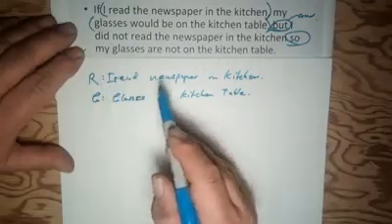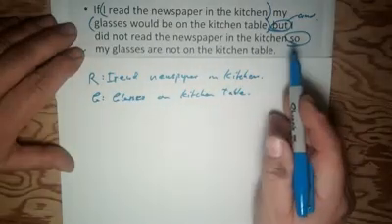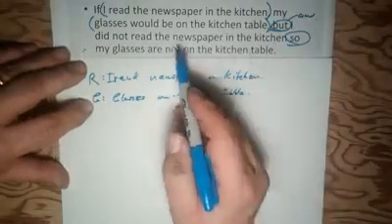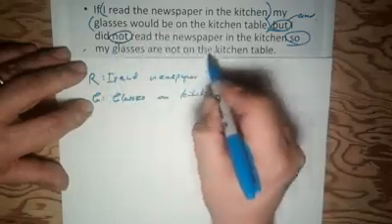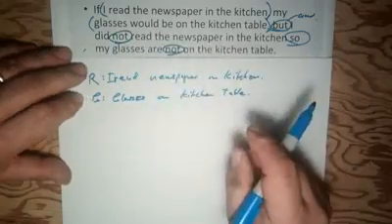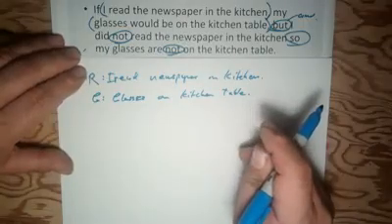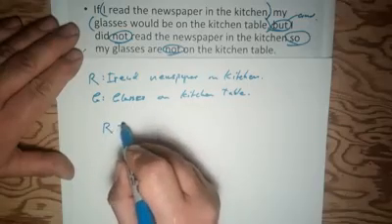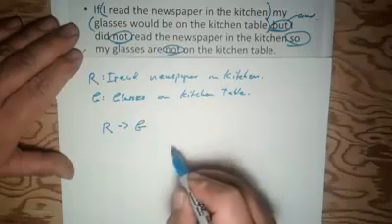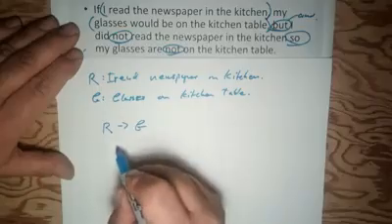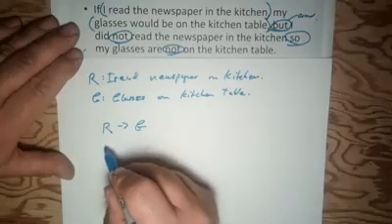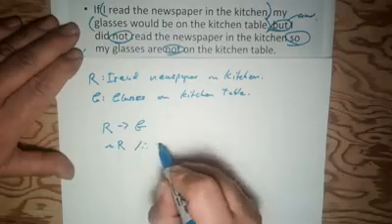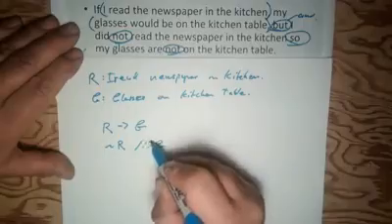Okay, so that's R again. So my glasses are not on the kitchen table. That's this one again, but notice that we just have to capture those two negatives there. So now our form is, if I read the newspaper at the kitchen table, then my glasses would be there. I did not read the newspaper at the kitchen table, so my glasses are not there.